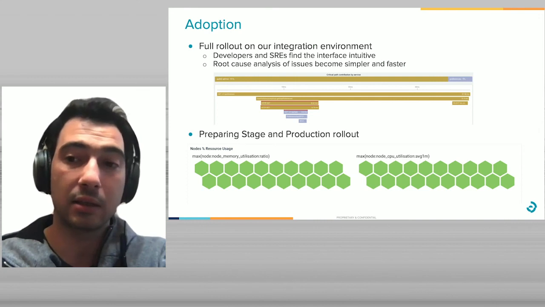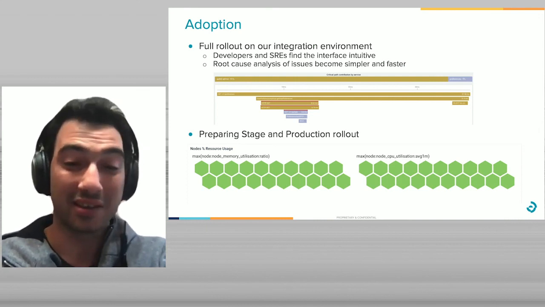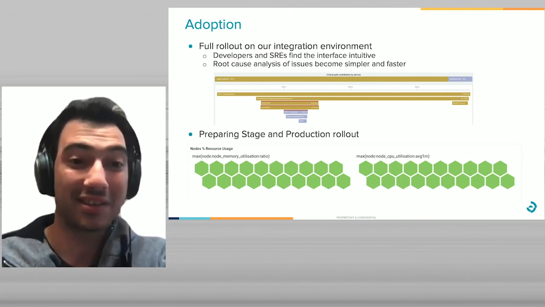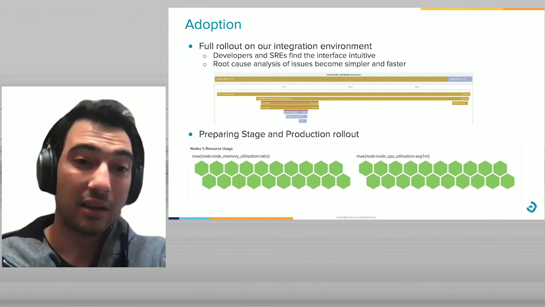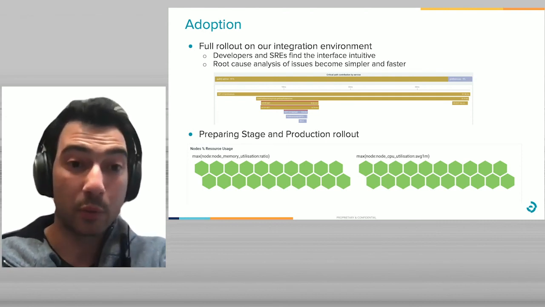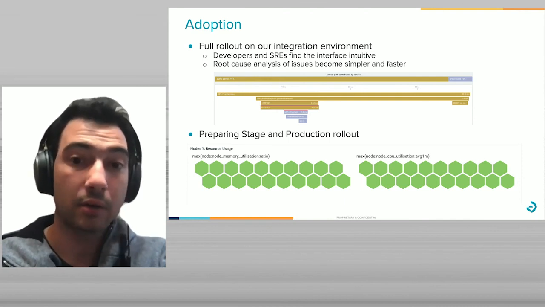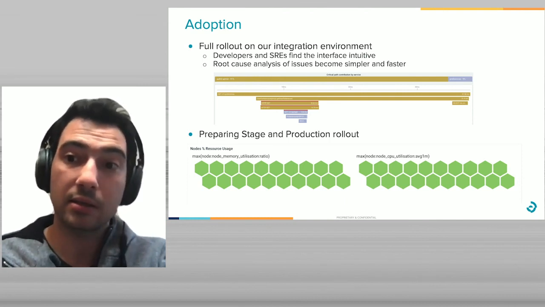Before that, they would have to jump into 2 or 3 different providers. Right now, it's just point and click and follow the trace. It's amazing. And as we speak, we are preparing the rollout into our staging and production environments. Frankly, I have no doubt that this will be a success.